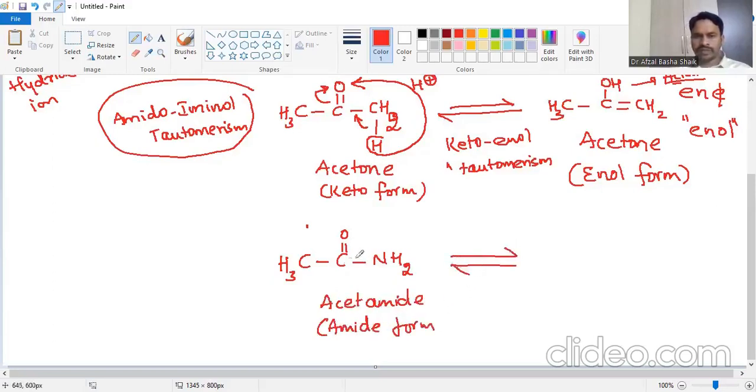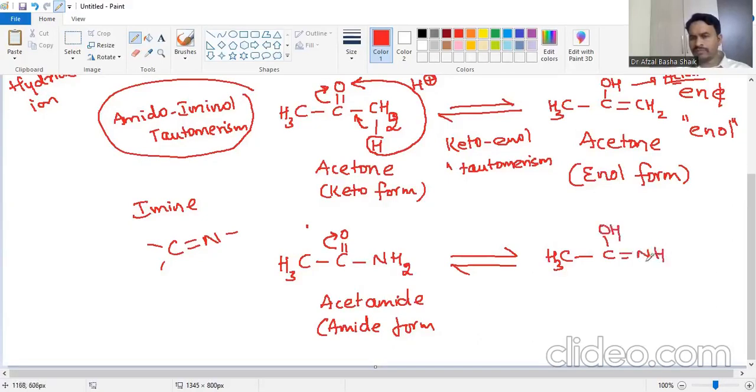In this case also there is migration of a proton, and imine, you always remember, imine means carbon double bond N. So here if you see, it has two hydrogens. One of the hydrogens will be migrated here. Again, the oxygen is more electronegative, it will pull the electrons. H plus from here will transfer here, and there is formation of a double bond, right?